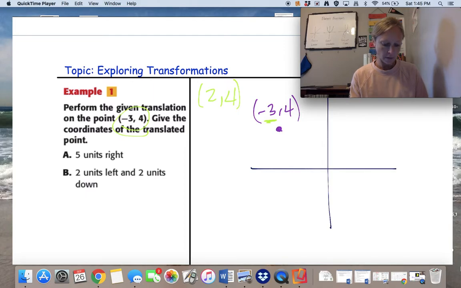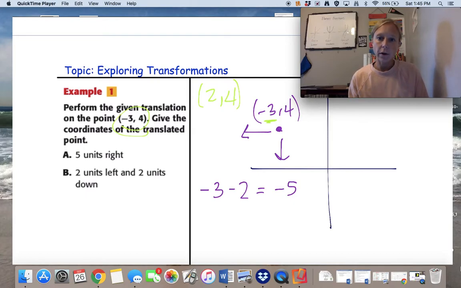There's our point of -3, 4. And this time we want it to go 2 units left and 2 units down. So when we go left, we're going more negative. So we are going to subtract from our -3. And when we go down, we are also going more negative. So we need to subtract from our 4.